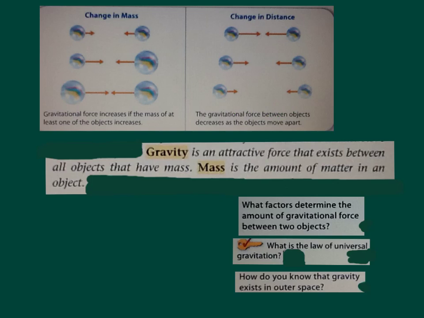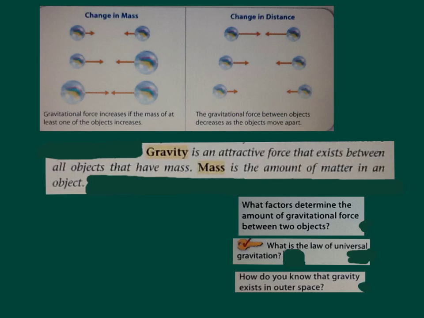Okay, so we're going to use you as an example here. If your mass is 45 kilograms, the gravitational force between you and Earth is about 440 newtons. On the moon, however, which is about 384,000 kilometers away, the gravitational force between you and Earth would only be about 0.12 newtons.